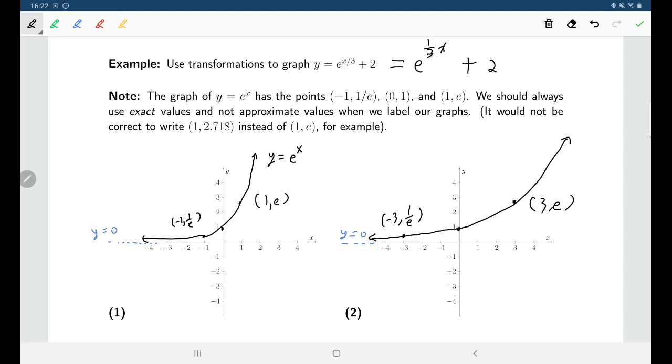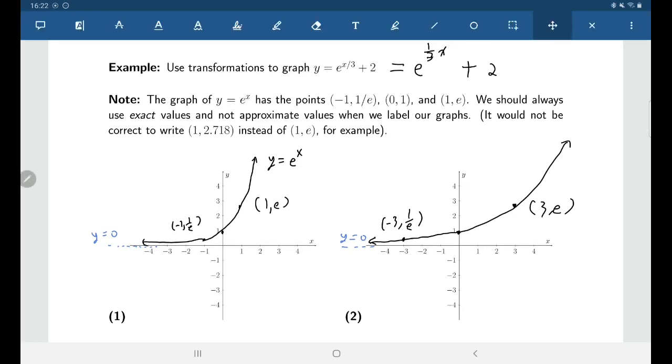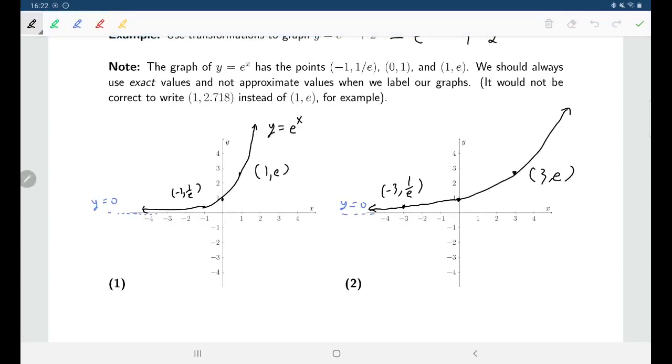So that horizontal asymptote will stay where it is as the line y equals 0. And then finally, the last transformation that we want to carry out is shifting everybody upwards by 2. And so for that, we're going to add 2 to every y value. That also means that since we're shifting everybody upwards by 2, this horizontal asymptote will also shift upwards by 2.